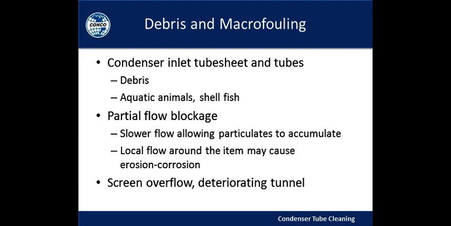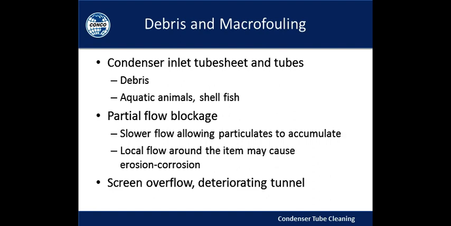But in many cases, it's seagrass, leaves, heavy mud, sticks, things that aren't typically caught by the traveling screens, or in many cases aren't even caught by the debris filters. But what happens is this debris generates a partial blockage. It reduces the flow. One of the assumptions of the webinar today is that there is an understanding that low flow will negatively impact the heat transfer.